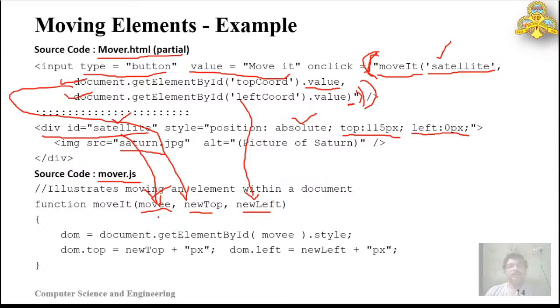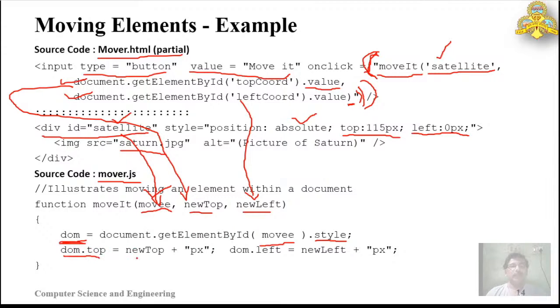When the top left values are received, then within the function body, the style property of the object is extracted by using the get element by id dot style. Observe that here is get element by id dot style, and that is assigned to a variable dom. So dom is specified, I used it to change the value.